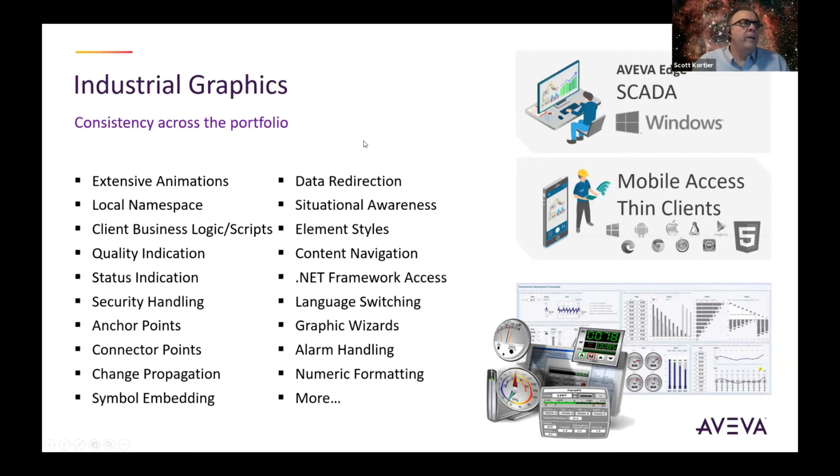Now, one of the things that we've done is bring in the industrial graphics, again formerly Orchestra graphics. These are the Orchestra graphics that many of you have known and loved in System Platform and in InTouch. By decoupling this editor from those products, one of the other things that we've done is make the viewer for this what we call a mobile access thin client.